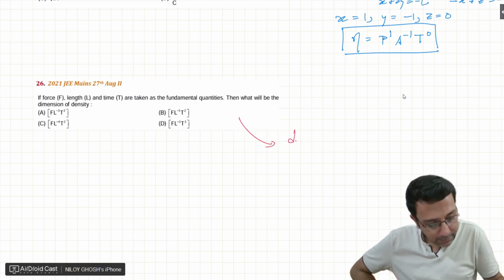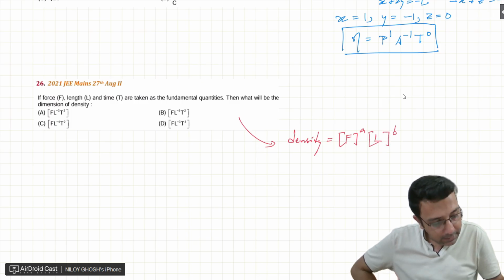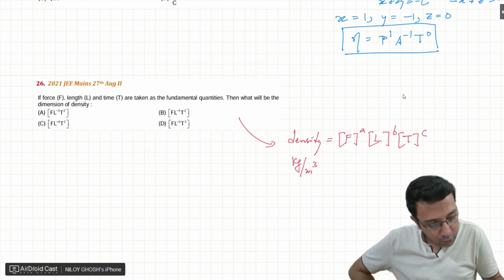Density is to be written in terms of F to the power A, L to the power B, and T to the power C. Density is kg per meter cube.